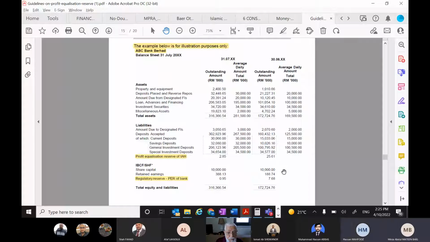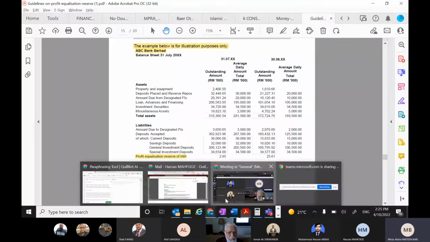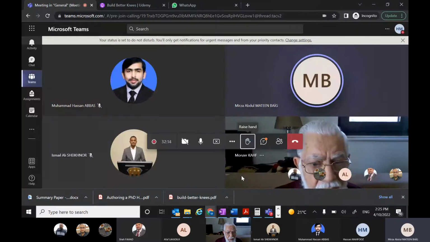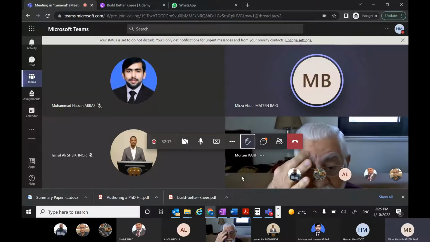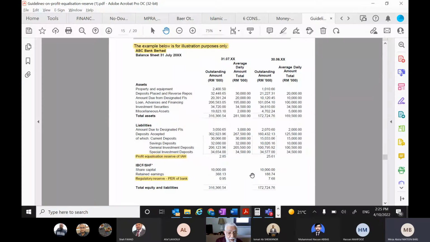The total. Actually, the calculation, if you permit and if we have time, then I can show you the actual calculation done in the banks for PER calculation on Excel sheet. No, tell me, how is it? 30% of the total deposit should not exceed, the PER should not exceed 30%, and the amount in the PER will be invested in Pakistan, usually invested in SLR denominated securities, Sharia compliant securities, which are SLR regulated by the central bank.